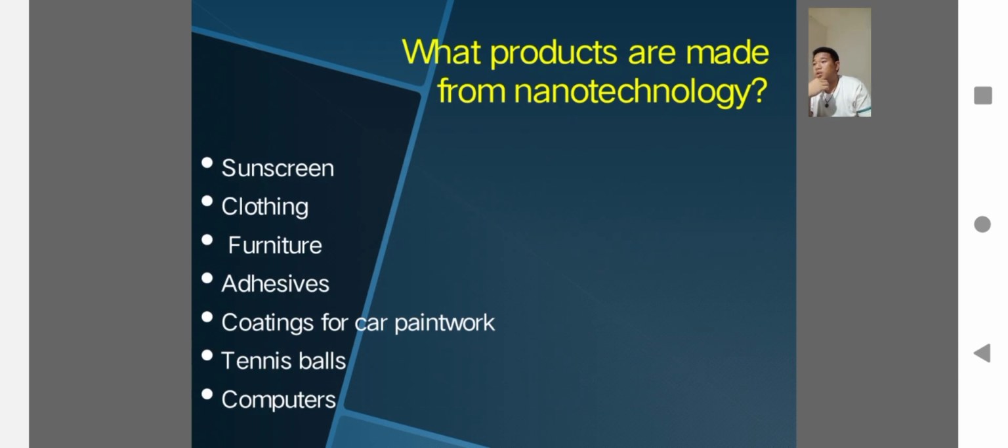What products are made from nanotechnology? Sunscreen. Nanoparticles have been added to sunscreen for years to make them more effective. Two types of nanoparticles commonly added to sunscreen are titanium dioxide and zinc oxide.